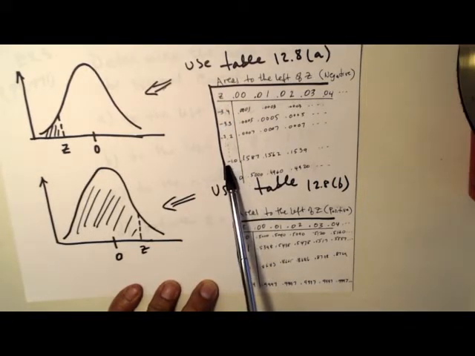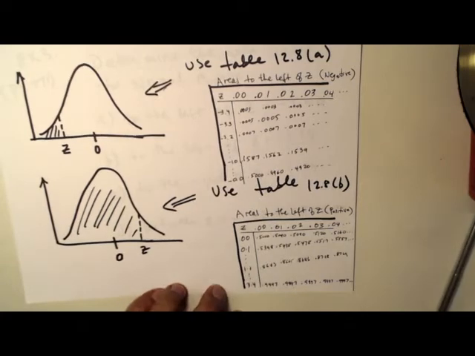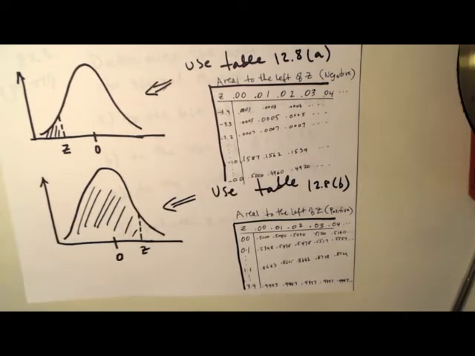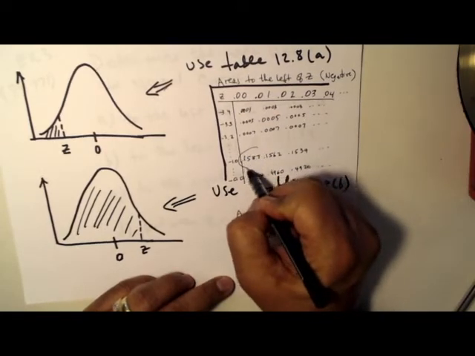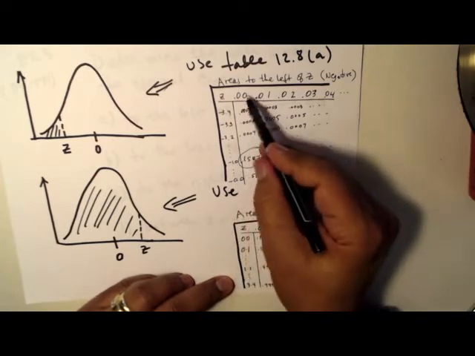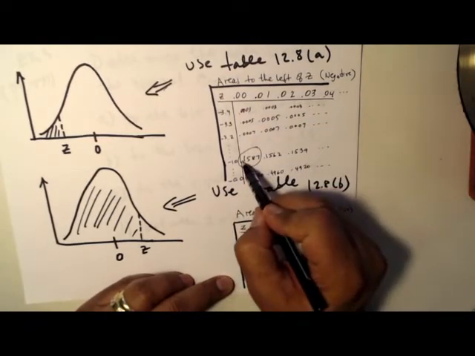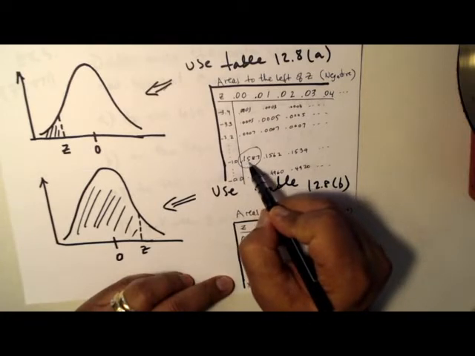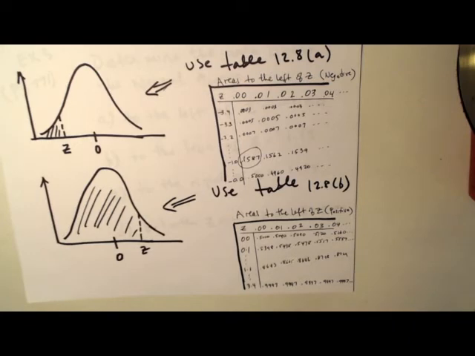Then you have to go to the 0, if that's the one that you're looking for, and then the number will be here. You will select this value, right? So you intersect the 1.0 with the 0, if that's the one that you are intersecting, and it will be 0.1587. So that will be the way to read that table.